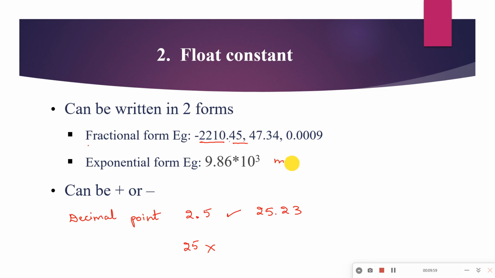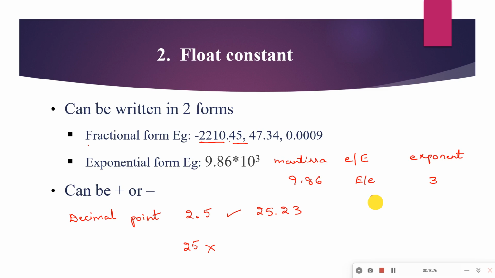One is the mantissa, then the exponent symbol, small letter e or capital letter E, then the exponent. For example, in 9.86, it is the mantissa, then capital letter E or small letter e can be included as the exponent symbol, then the exponent is 3.